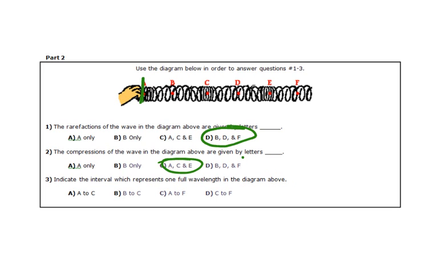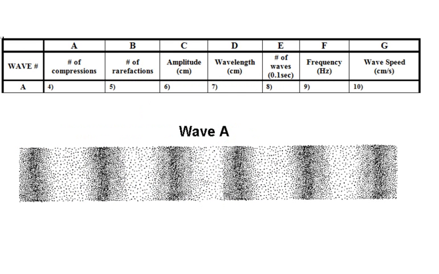So it could be A to C, it could be C to E. So A to C would be our choice there. Then you were asked to count compressions, count rarefactions, measure amplitude, measure wavelength, and then do some calculations figuring out the frequency and then the wave speed.